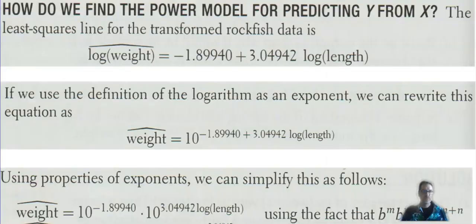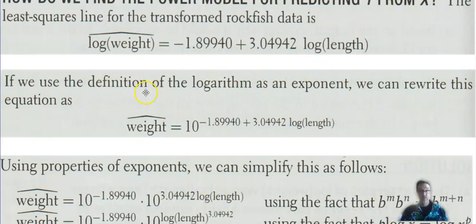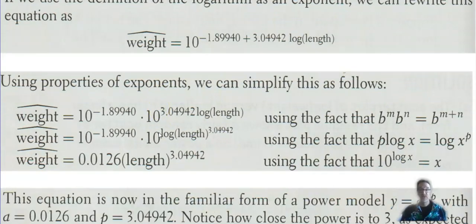Now remember, when you are turning into a power model, if we're taking the log of both sides, which is what we were doing, we can use the definition of logs. Base 10, all of this is an exponent. 10 raised to all of this is the weight. Now we can further this by talking about the power properties of logs.